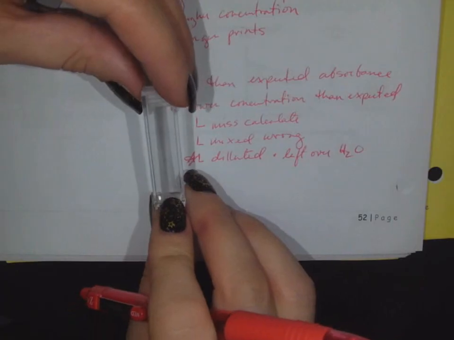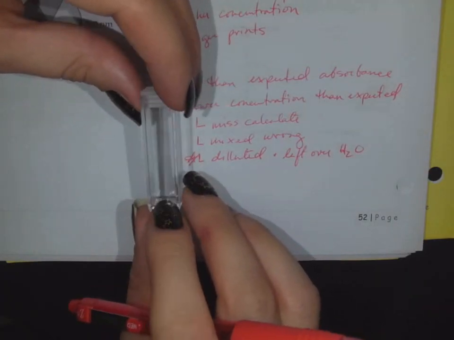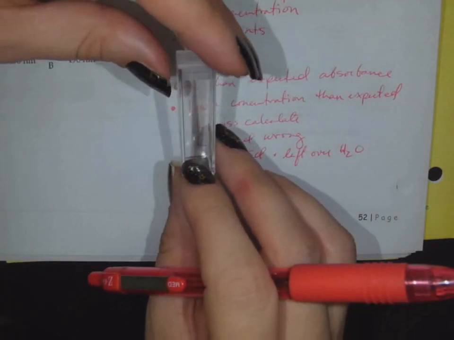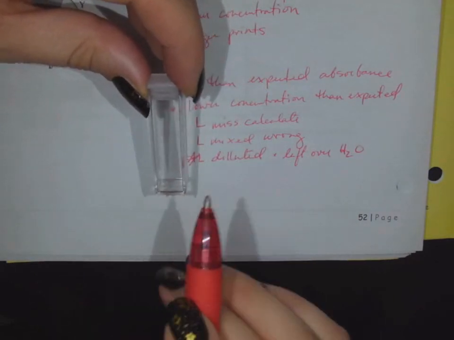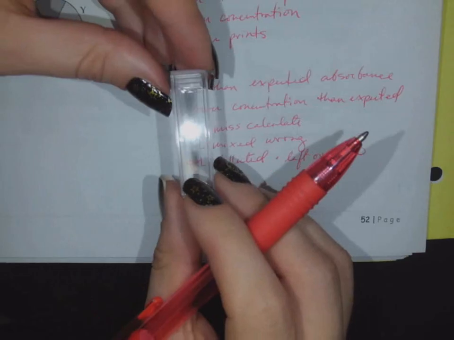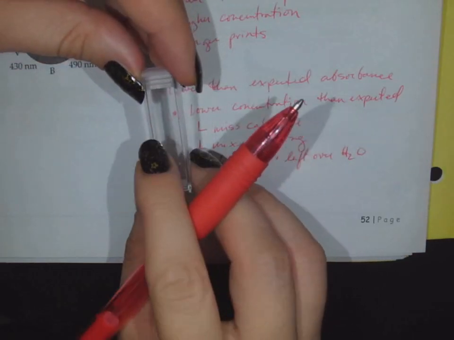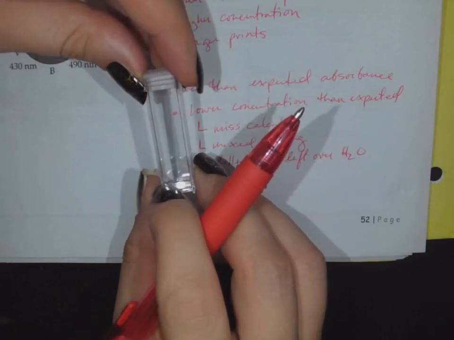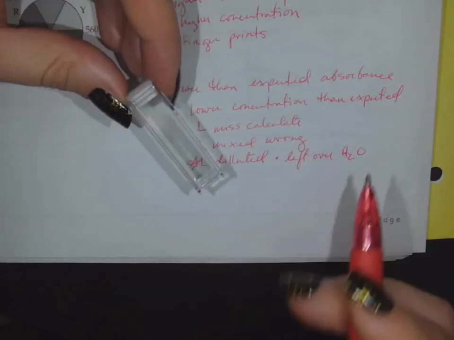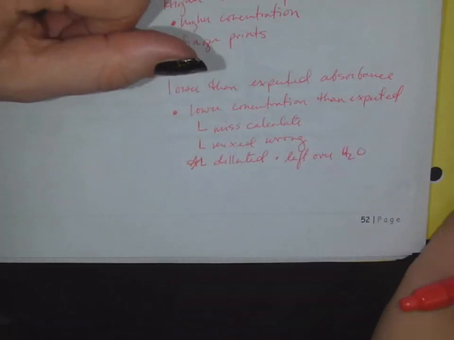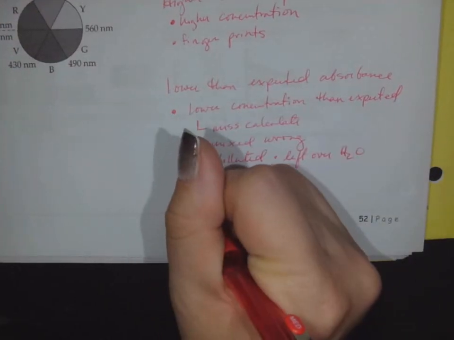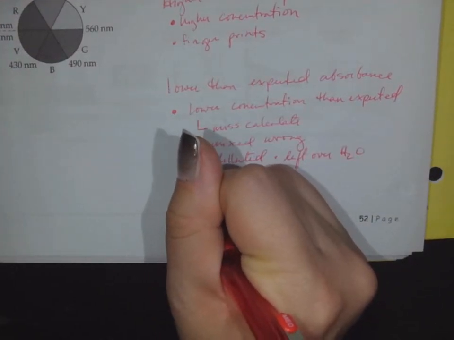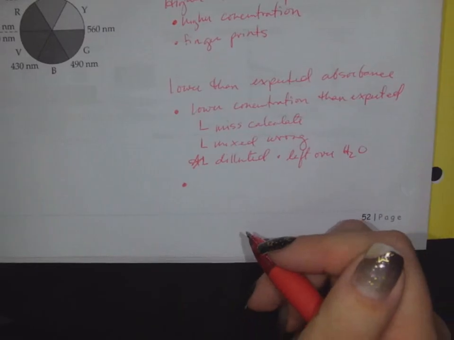The reason why is because we rinsed it with water, and then some of the water was still in there, and then we added the solution, and then we didn't pour that out and add the solution a second time. So the leftover water in there actually diluted what we put into it, and that led to a lower than expected concentration.